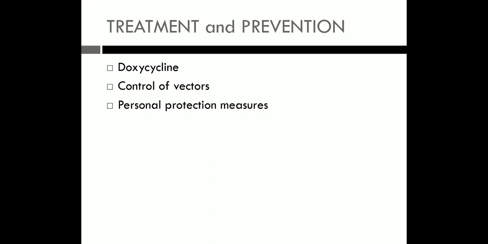Another very important factor that we need to note here is personal protection. Proper clothing should be used to limit the access of ticks to the skin and thereby prevent bites. Pants should be tucked into the boots or socks, and the shirt should be tucked into the pants.